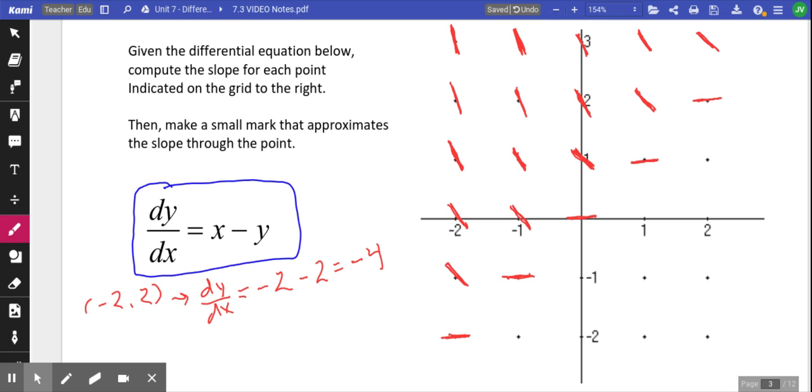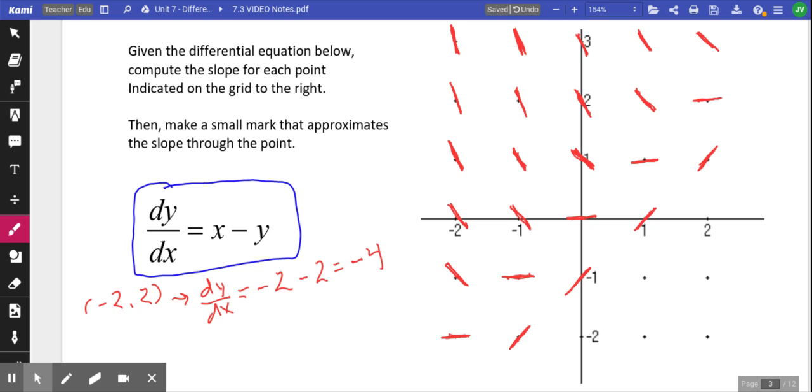Let me go ahead and just figure out what -1, -2 would be. So -1 minus -2 happens to be +1. And if I think about the next point to the upper right diagonally, I've got 0, -1, and 0 minus -1 is +1. So all of the slopes of these points should be +1.